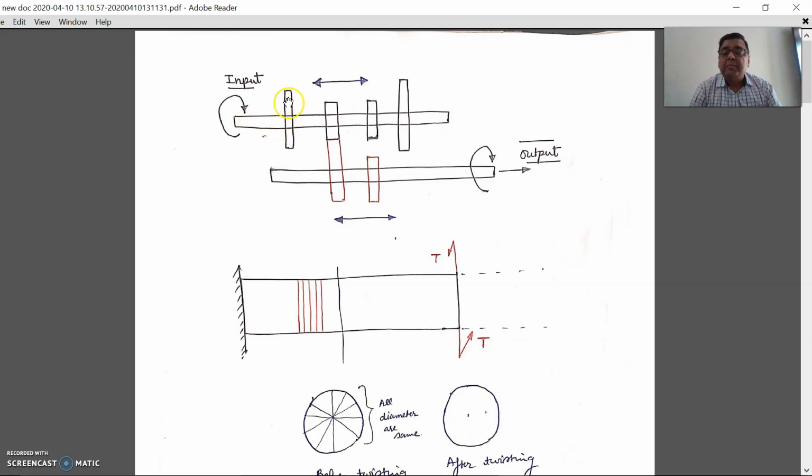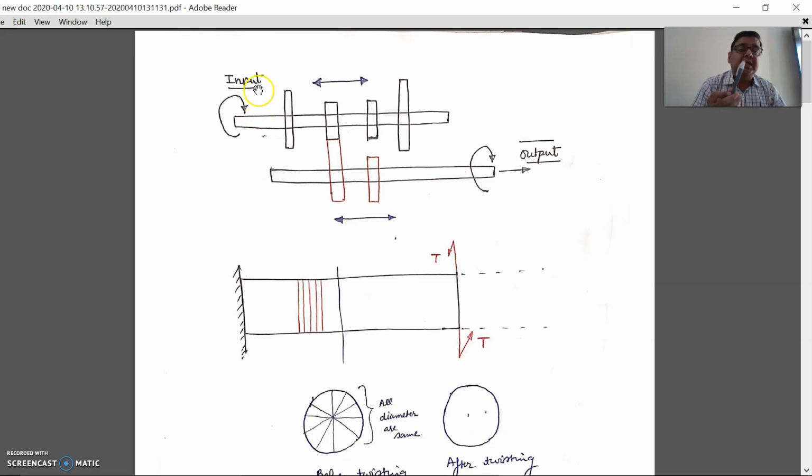Because of the different types of gears associated with it, there has to be a certain weight of these gears, and because of the weight of the gears, this complete shaft was under the application of bending moment also. And because this shaft is under rotation, it was under the application of torque also, because whenever we rotate something, we have to apply torque to it, so twisting takes place, right?